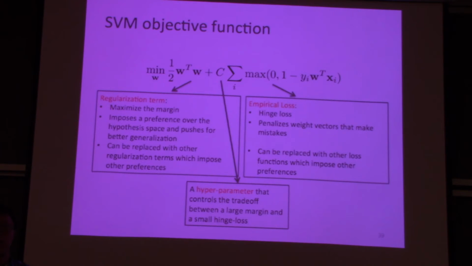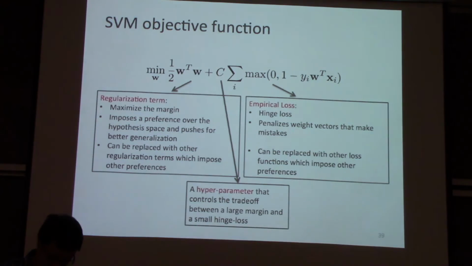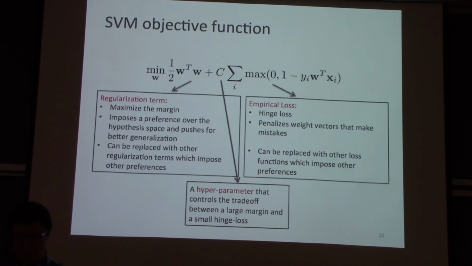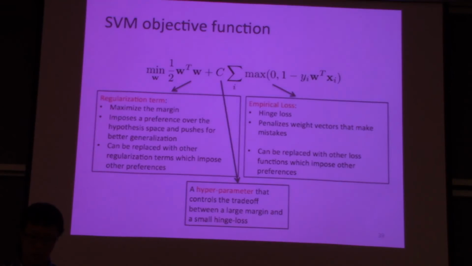Typically, we don't have a general range, but when you're choosing it, you use a logarithmic scale, like 1, 10, 100, 1,000, and you use cross-validation to choose that. So it's always greater than 1? It's always greater than 0, but could be like 0.1. So it's a positive number.